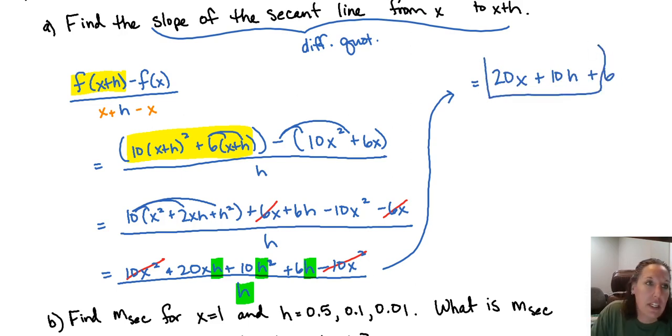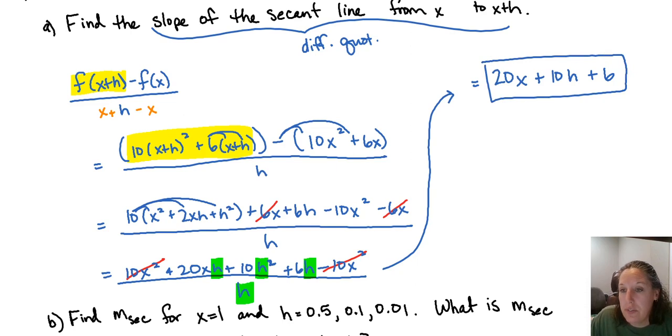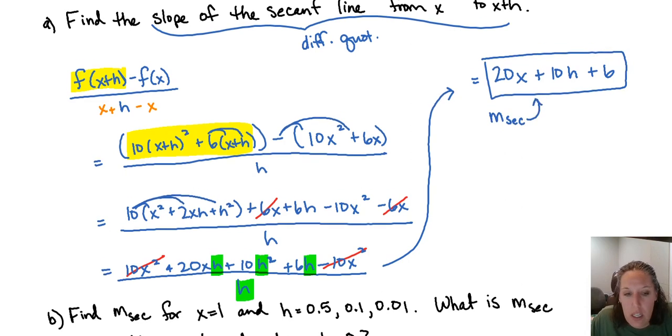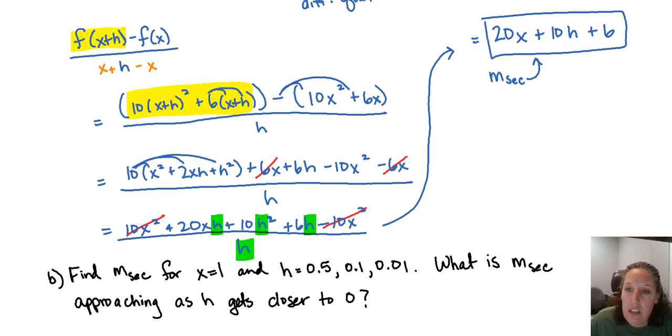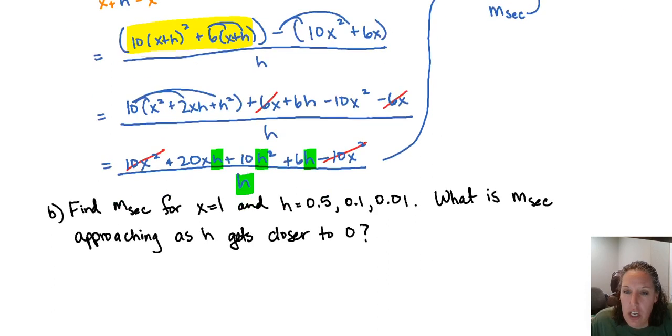And that is going to be our slope of our secant line. So I'm going to call that m with a little subscript SEC for secant. We're going to find the value of that secant line when x is equal to 1, and then we've got a couple of different values of h here.